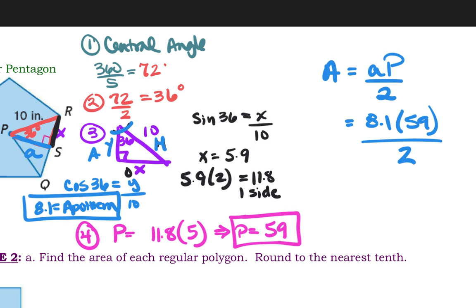Yes, no? Maybe? $238.95. All right, so area equals 238.95. And this would be inches squared.